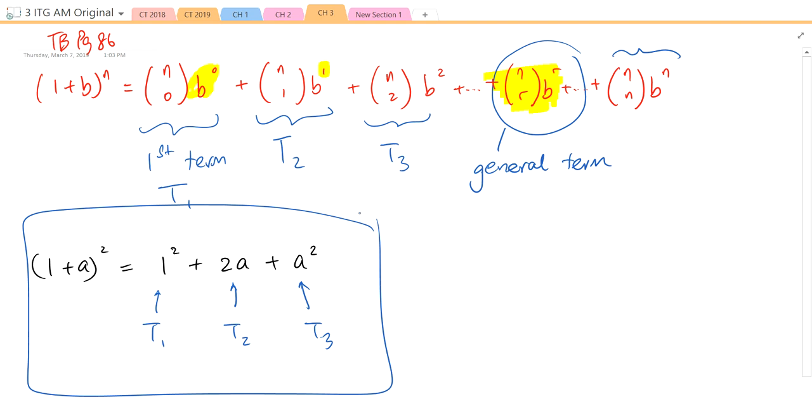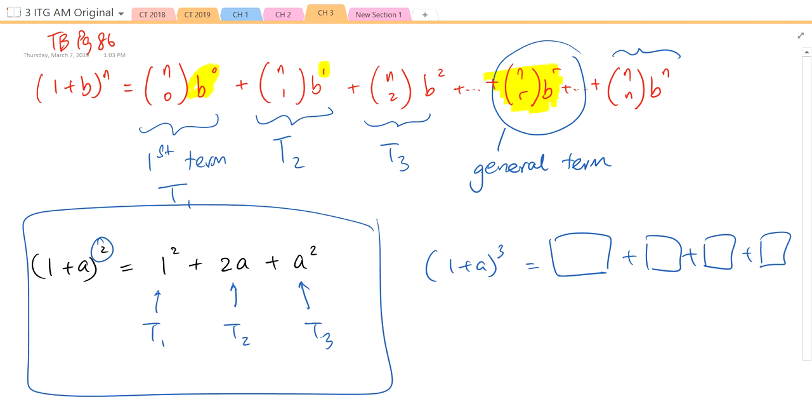Okay, it's simply our (a plus b) squared. So now, we see that if it is a square expansion, how many terms do I get? 3 terms. What if I have something like (1 plus a) to the power 3? How many terms do you think I will get? 4 terms, right? Okay. We see that the number of terms is always the power plus 1.